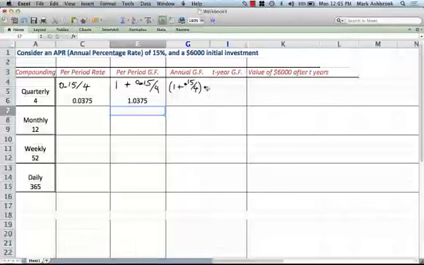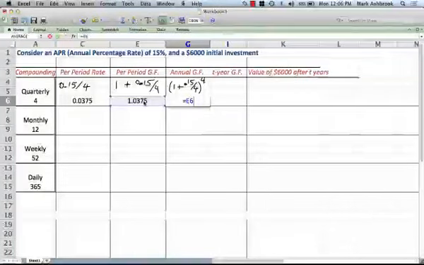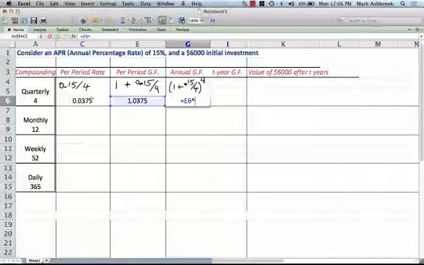And you want to do what? Take it to the 4th. And we just got the annual growth factor. So we can get the number now. So it's going to be equals that thing to the number of compoundings per year.